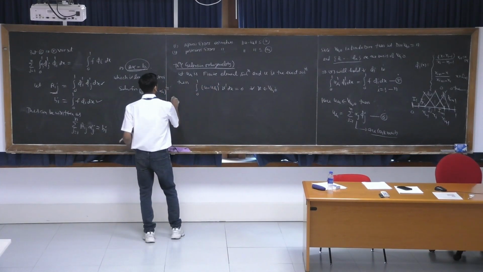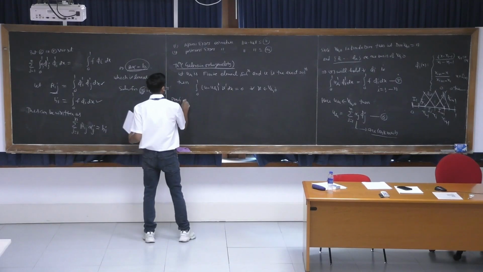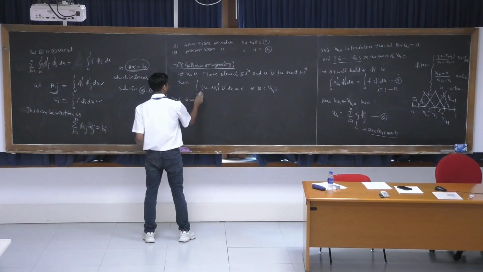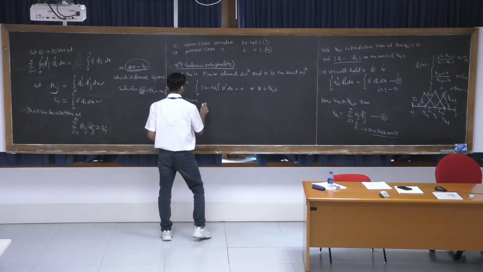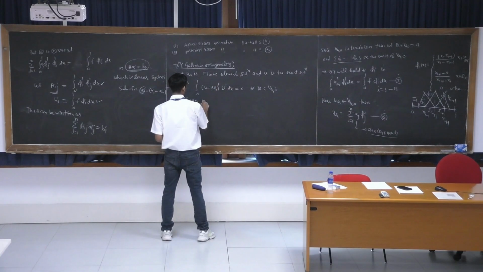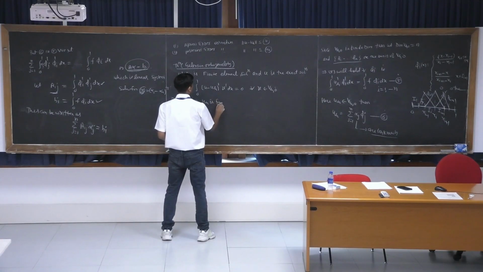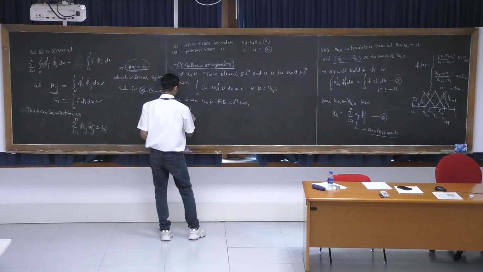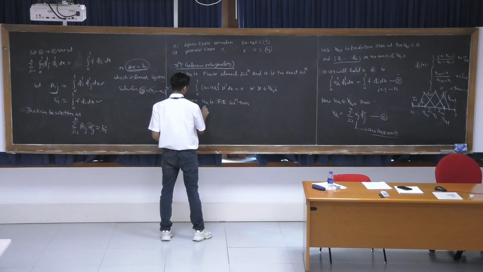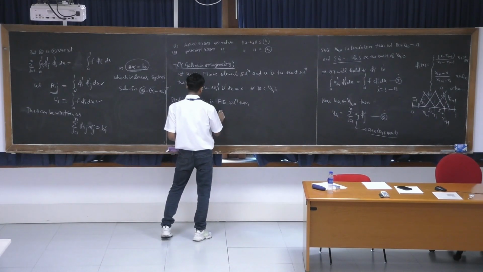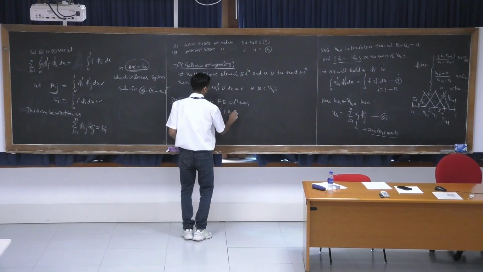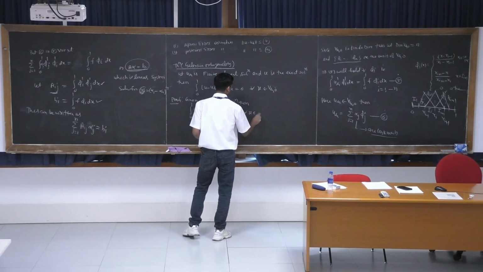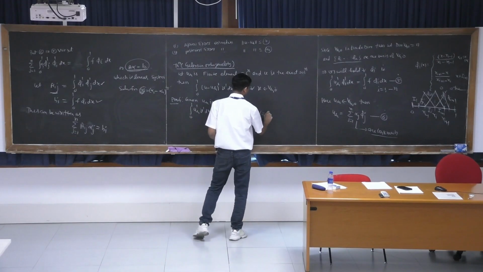So the proof is just a two-line proof. Given uh is the finite element solution, then the integral from 0 to 1 of uh' v' dx is equal to the integral from 0 to 1 of f v dx for all v belonging to capital V, that is equal to H0.